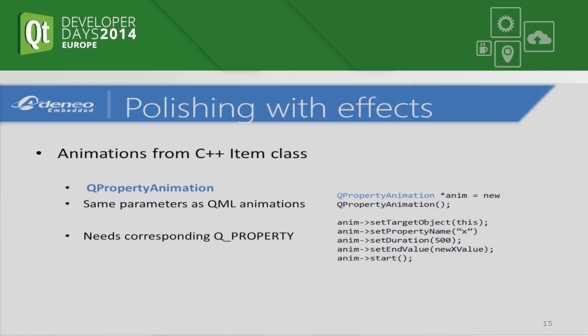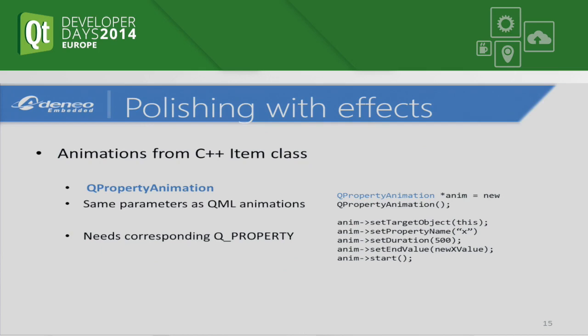You create your QPropertyAnimation, probably not on the heap like that with a new, but that's just an example. And then you have setTargetObject. So for example, if we want to animate the component that we are in, setTargetObject this, setPropertyName, so that's the property that will be animated. Here we have X again, which is already a property of QQuickItem, so no need to create one.